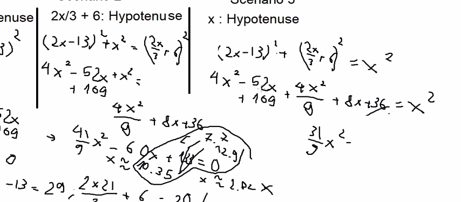And we have negative 52 plus 8, and you get negative 44x. 169 plus 36, you get 205. Now we find the value. Here there is no solution.